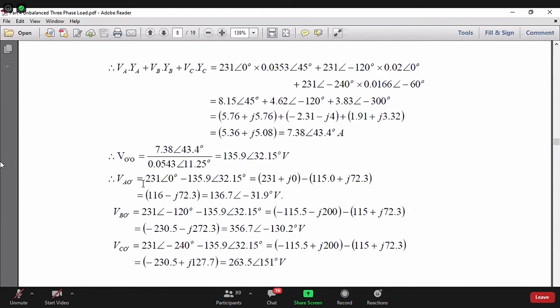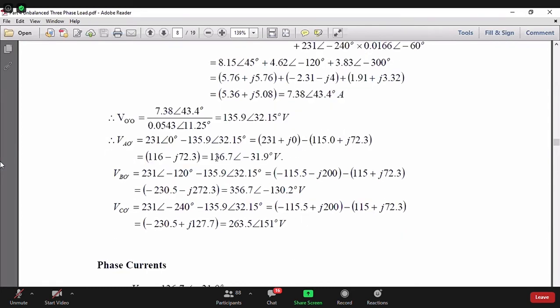How? Very simple. That is source phase voltage minus the neutral shift. So you can see the load phase voltage: VAO prime 136 volt, VBO prime 356 volt, VCO prime 263.5.